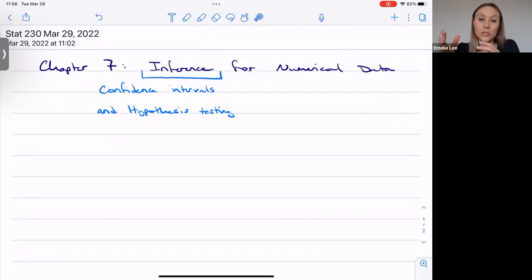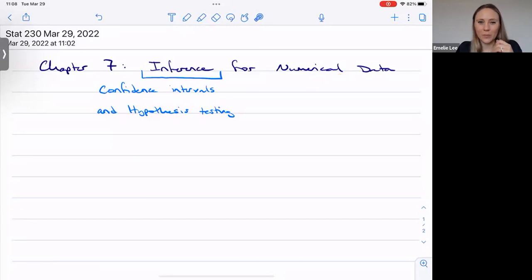So we're going to introduce another test statistic today. It's the t-test statistic, so the t-test, which is probably the most common thing that you're going to be doing out in the real world, okay? And it is for numerical data, right?